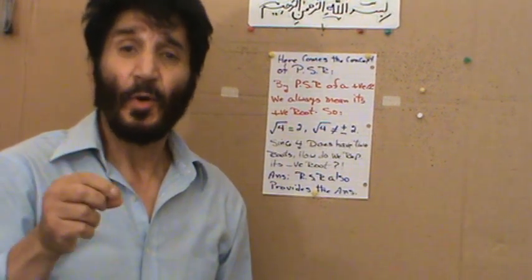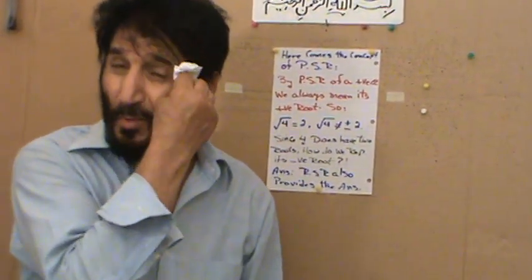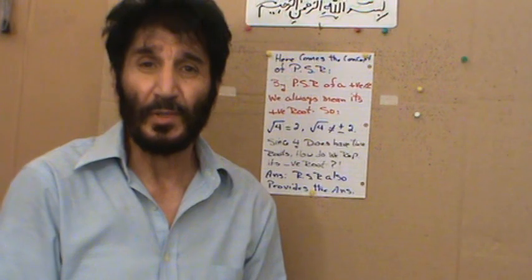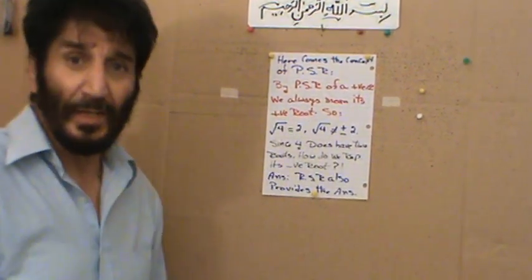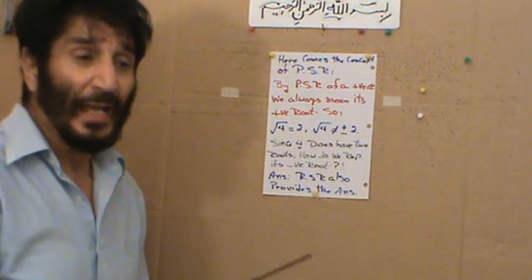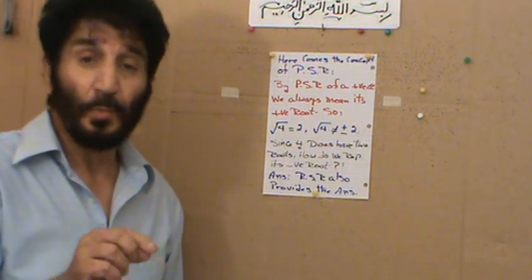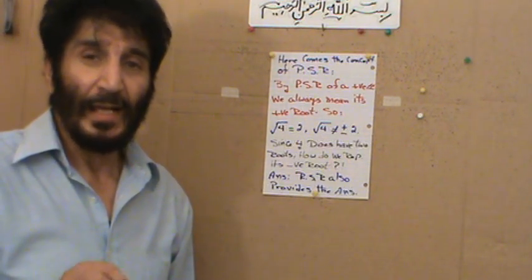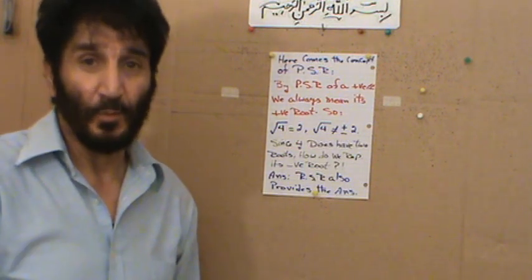By principal square root, we always mean the positive root. That's all. That's what principal square root is indicating. Now, by the definition or agreement of principal square root, a square root of 4 is no longer equal to plus or minus 2. A square root of 4 is equal to 2, the positive root of that.